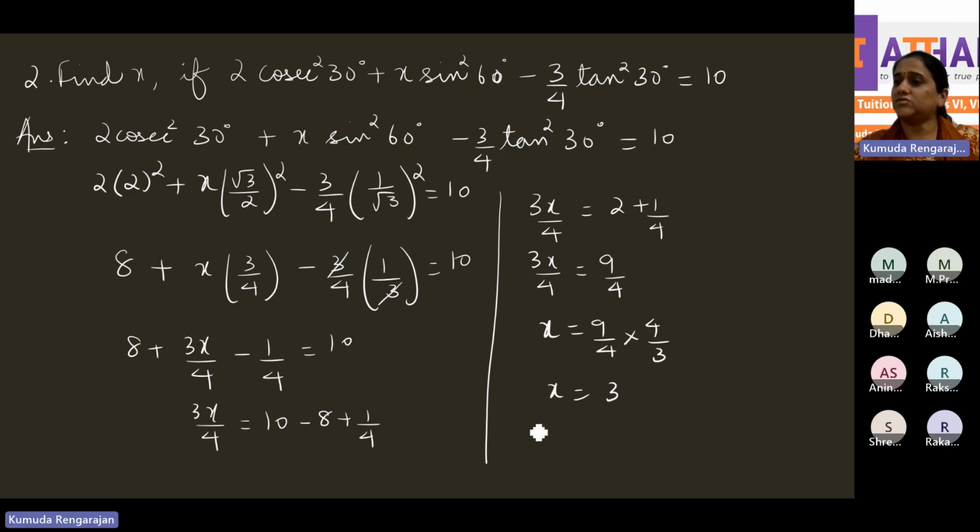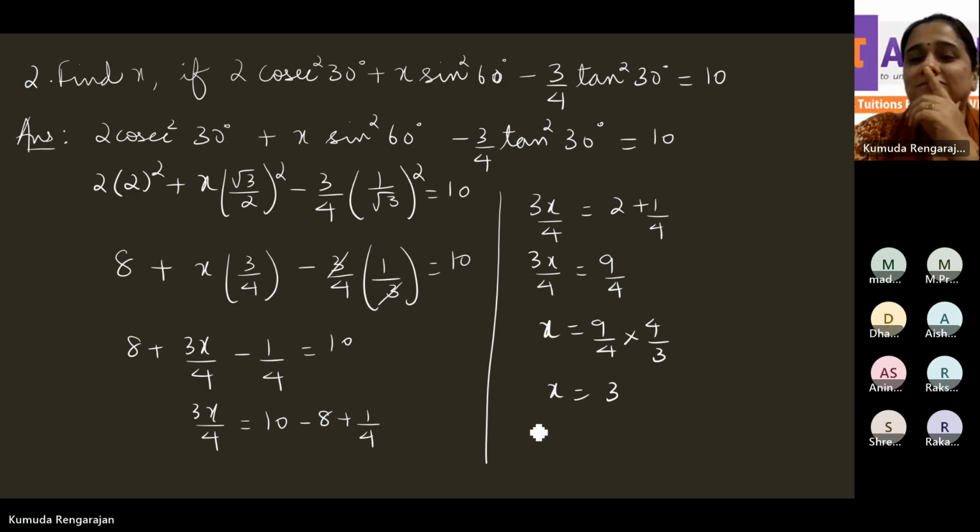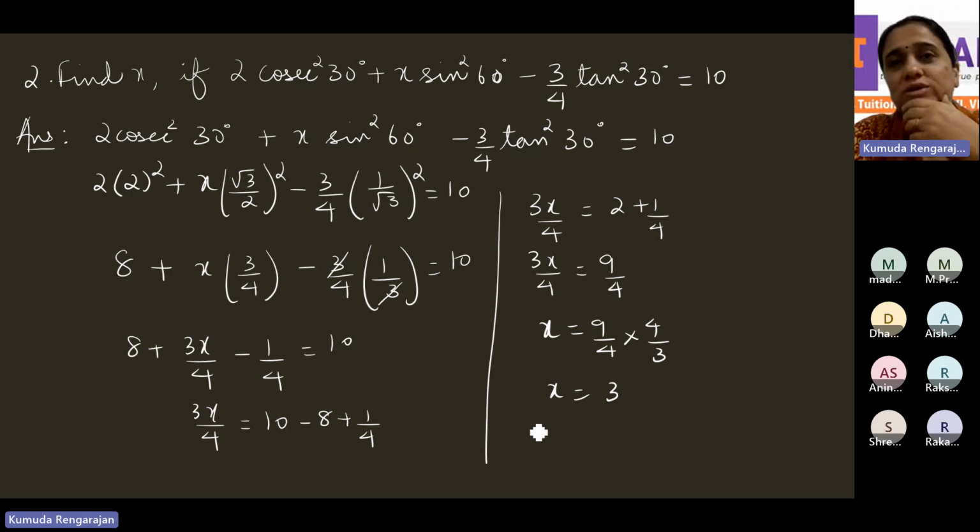Correct? x is 3. How much? 3. Even if one of you gets my answer, then I'm right. Please tell me, children, if I'm right in my calculation. I'm getting x is 3. 3?